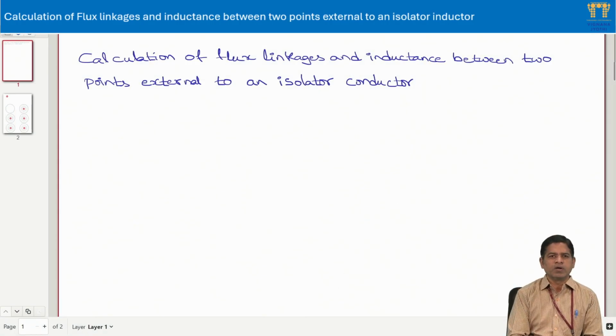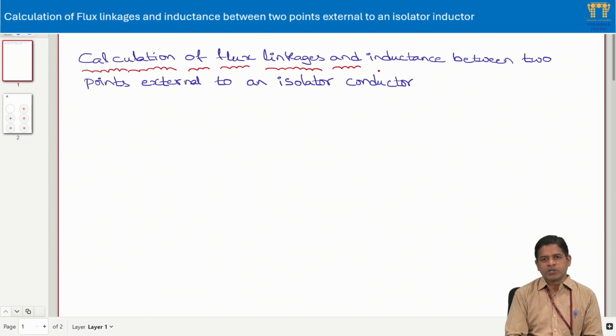So why we consider an isolated conductor is we want to neglect the effect of the flux due to any other conductor in the vicinity of the conductor of interest. So that is the reason why we consider the conductor of interest to be isolated from the rest of the conductors.